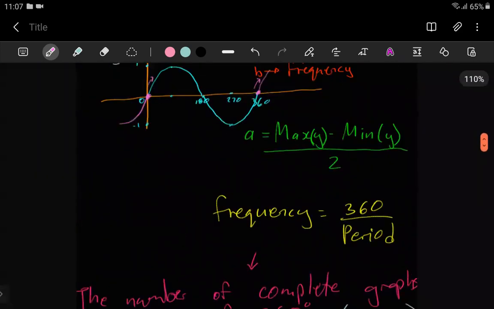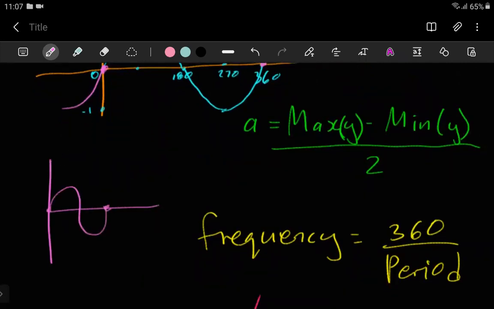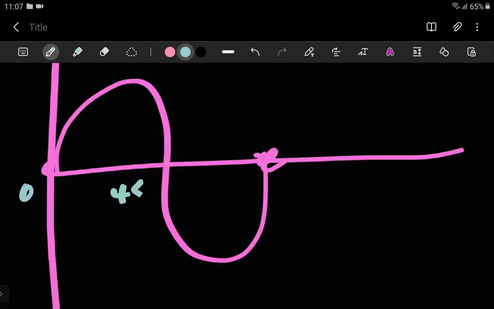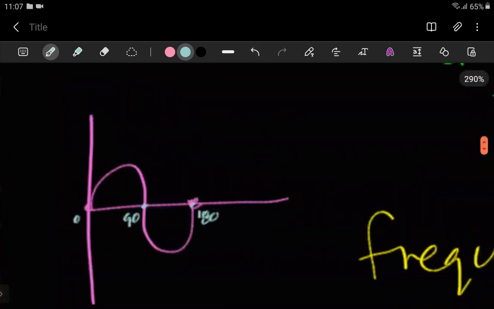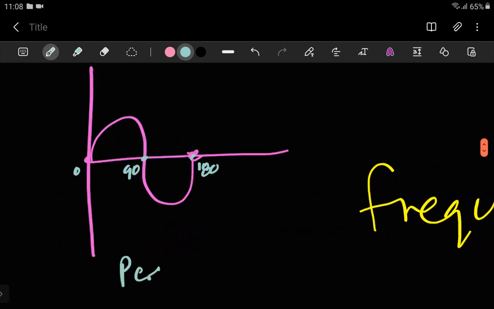Now to make life a bit easier, let's say you had a graph that looks like this, right? But then this is 0, this is 40, this is 90 in the middle here, this would then be 180. If you have a situation like this, the period of this graph is 180, because in a space of 180 degrees, you have one full graph.